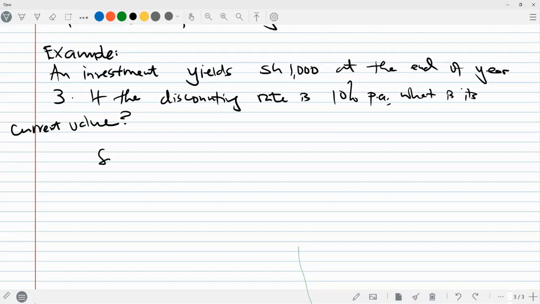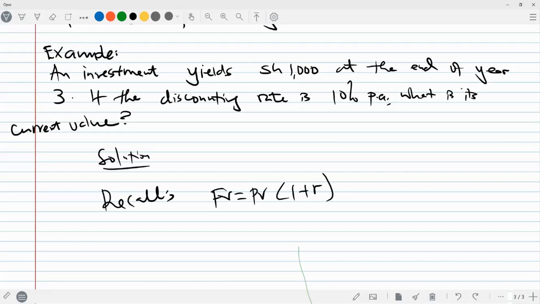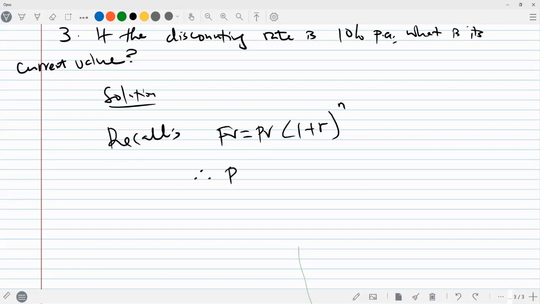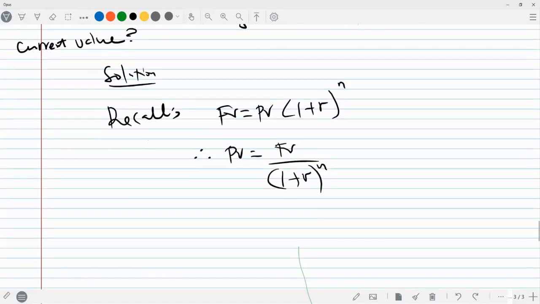Now recall that we have said the future value is given as present value times (1 plus r) to the power of n. But now we want to get the present value, because we want the current value. Therefore, present value is equal to future value divided by (1 plus r) to the power of n.